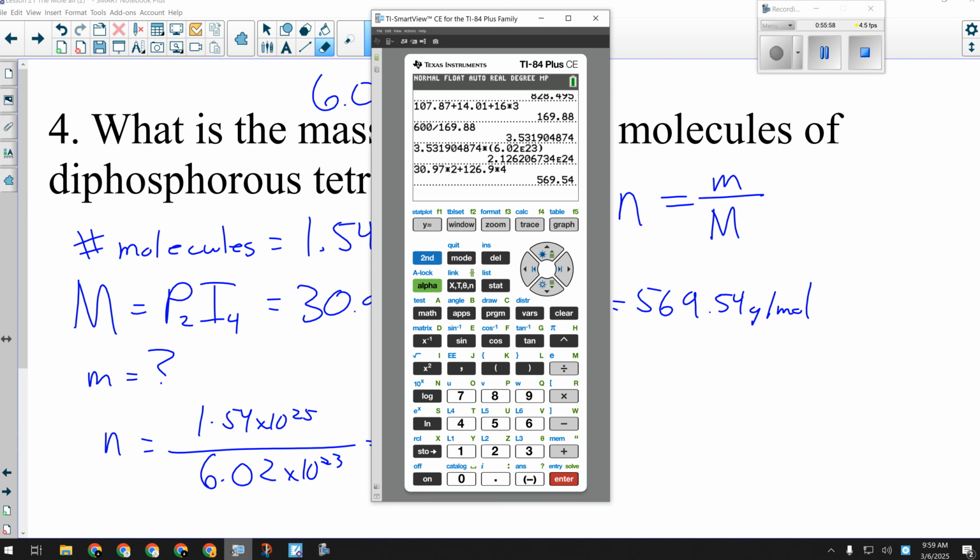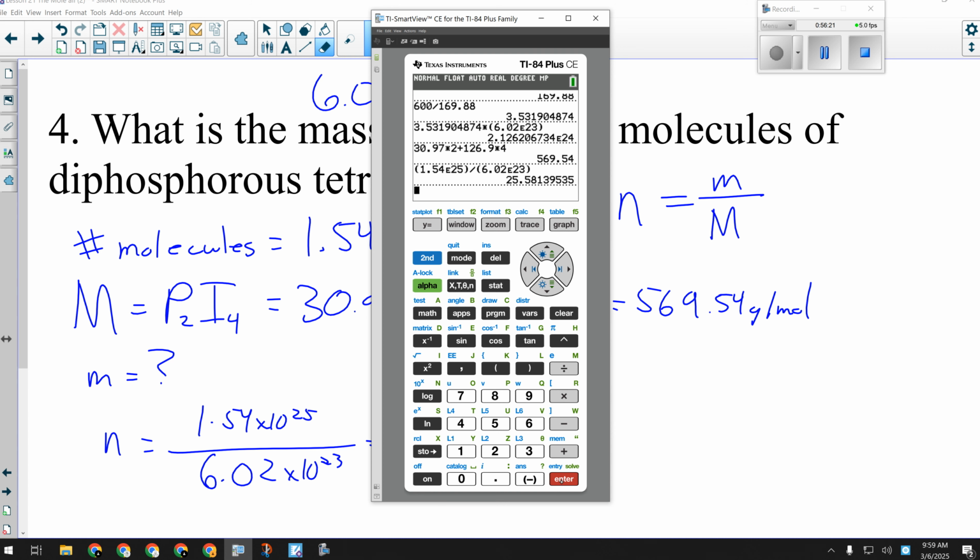In your calculator, that's going to be a lot of brackets: 1.54 E25 divided by 6.02 E23. Good, I got a smaller number, 25.58 moles.